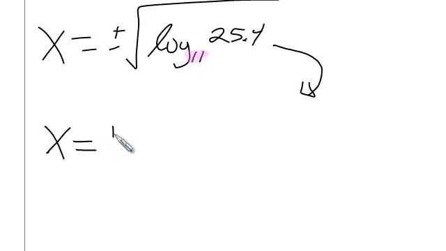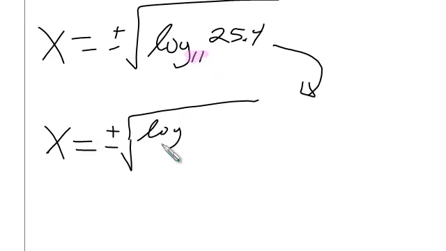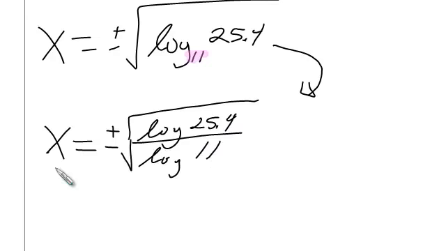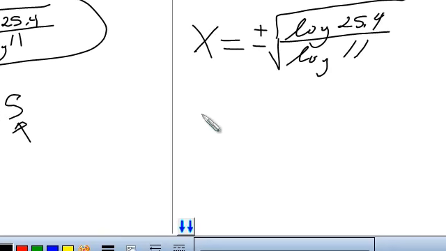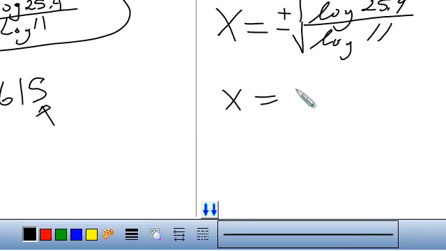And I want to change it to base 10 because my calculator has a base 10 key on it. So it says log base 10 of 25.4 divided by log base 10 of 11. And notice you have the same answer that you have here. So of course, when you use your calculator, you're going to end up getting the same answer.